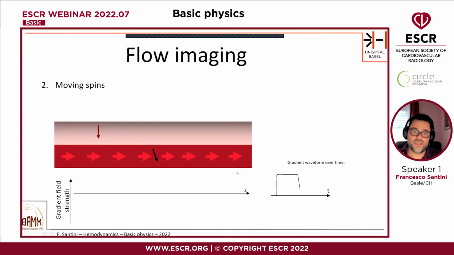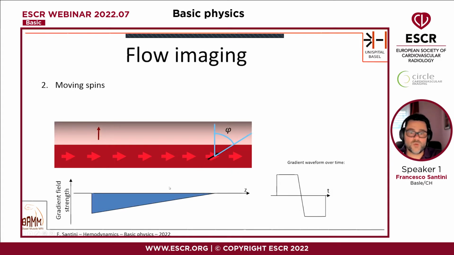When we invert the gradient, now the force that was putting it back to its original position is weaker than the one experienced by the static spin. So we will have this phase difference. This phase difference is exactly what we care about. And this phase difference is easy to demonstrate, that is proportional directly to the velocity of the spin.